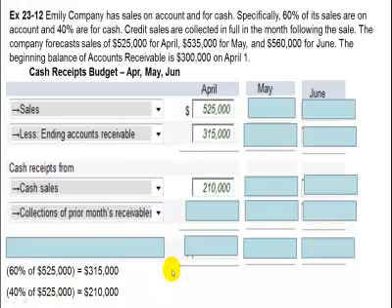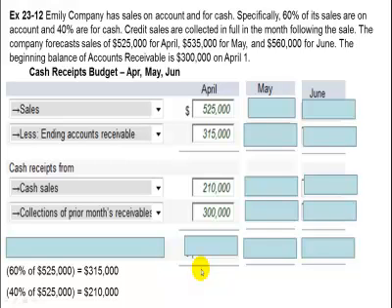Next, we've got collections from prior months' receivables. Our accounts receivable at the very beginning of April was $300,000, and it's assumed we're going to collect all of those sometime in the month of April, so that's where the $300,000 comes in.